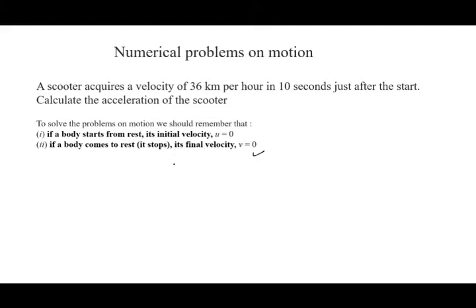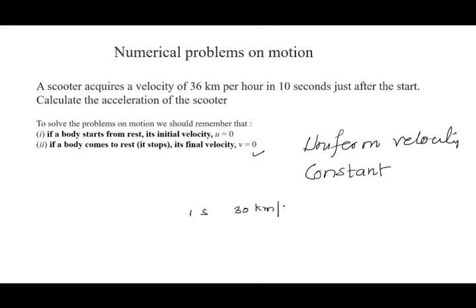The third very important point is, suppose a statement contains a body moving with uniform velocity. And what does uniform velocity mean? Constant velocity. That means, suppose in 1 second its velocity is 30 km per hour, let me write km per hour here, and then in the next second also it remains the same, and it remains the same for a few more seconds, then we call it uniform velocity, constant velocity.